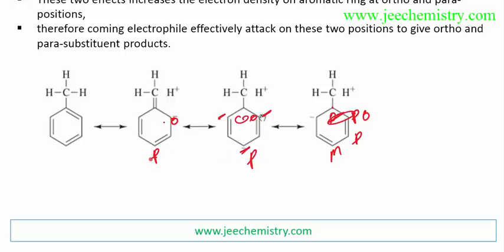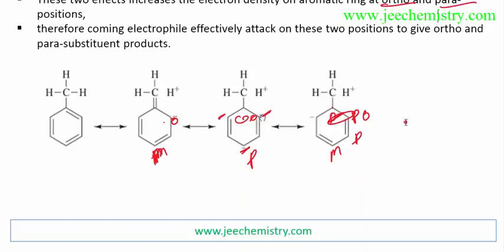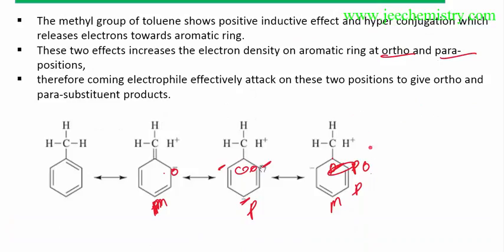Actually, it is written wrong here: it should be ortho and para positions. At the ortho and para positions the electron density increases, that's why these two are very susceptible to attack by the electrophile.